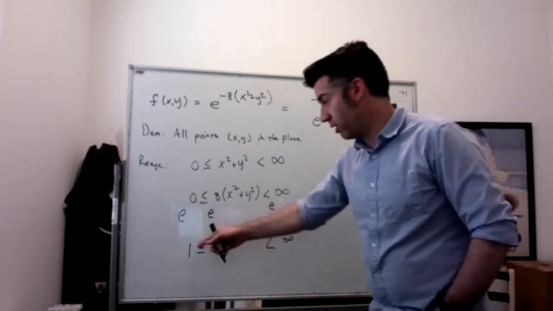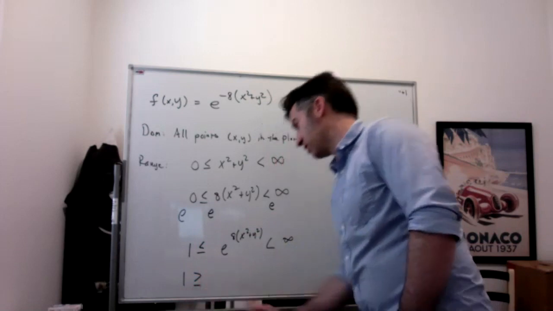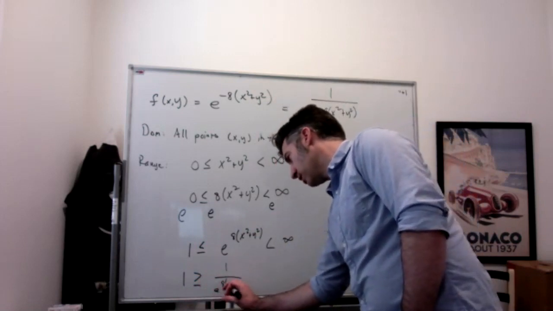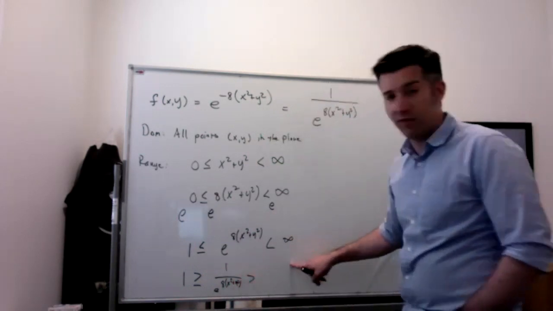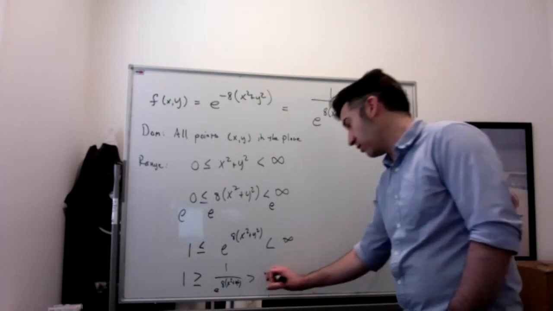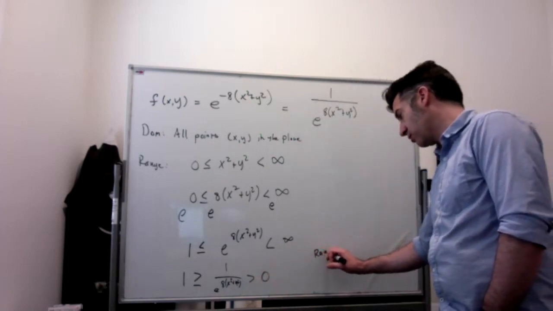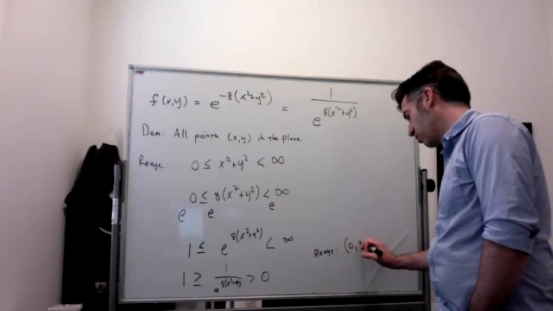The reciprocal of 1 is 1. But when I do the reciprocal, I change the direction of the inequality. 1 over e to the 8 times x squared plus y squared. And then the reciprocal of infinity, 1 over infinity, goes to 0. So it looks like my range here appears to be 0 exclusive to 1 inclusive.